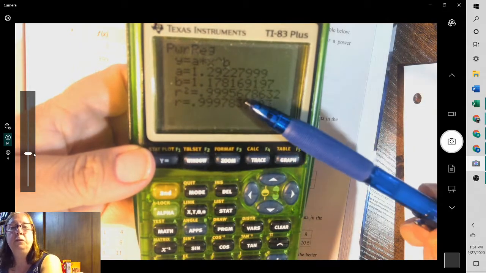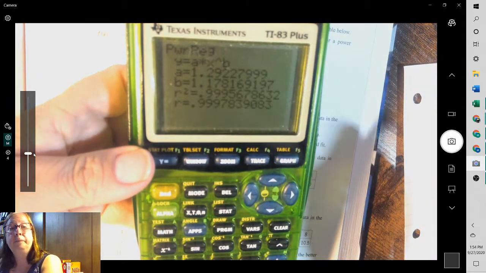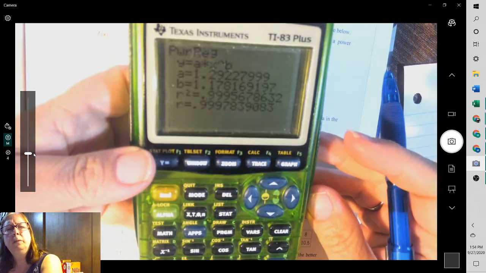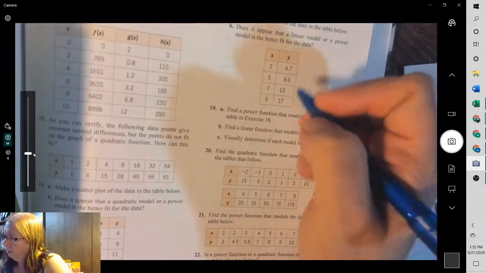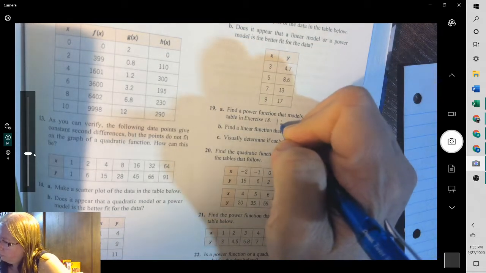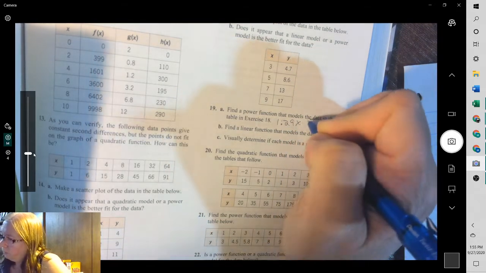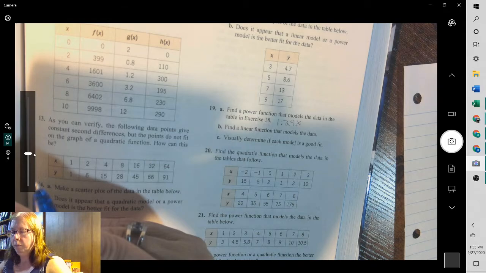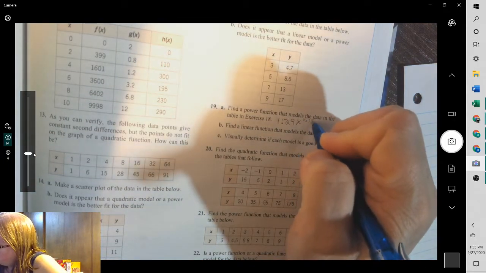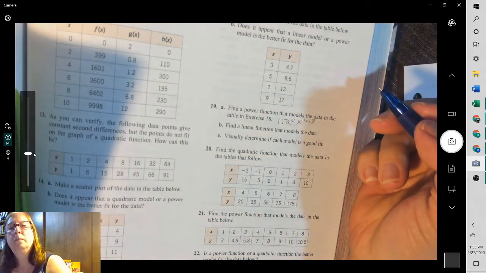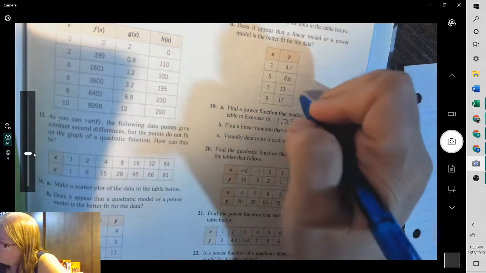And it's very strong, 0.999. We're only going to go 2 decimal places. 1.29 x to the 1.18, and that's an exponent.